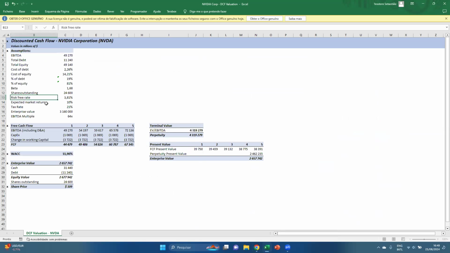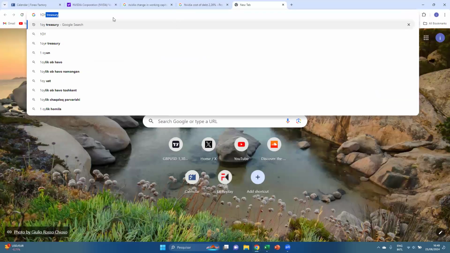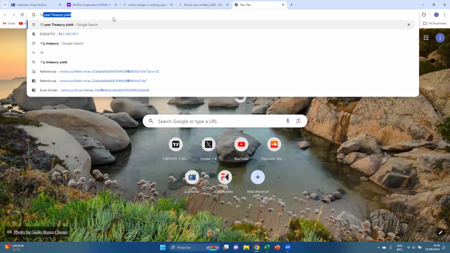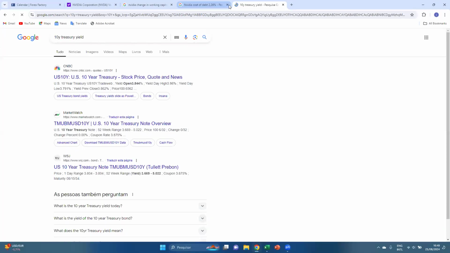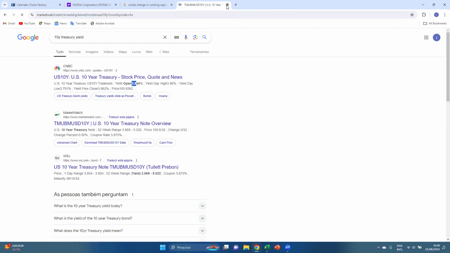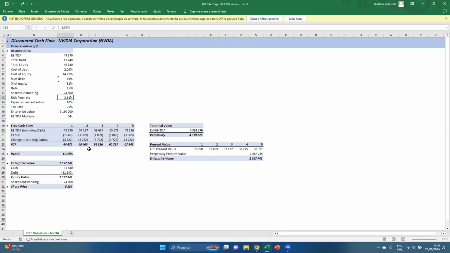the bonds of a country. For the US, it's the 10-year treasury. If we search here, 10-year treasury, that is the bonds of the United States. It is about 3.8%, and that was what I used because NVIDIA is a US company.